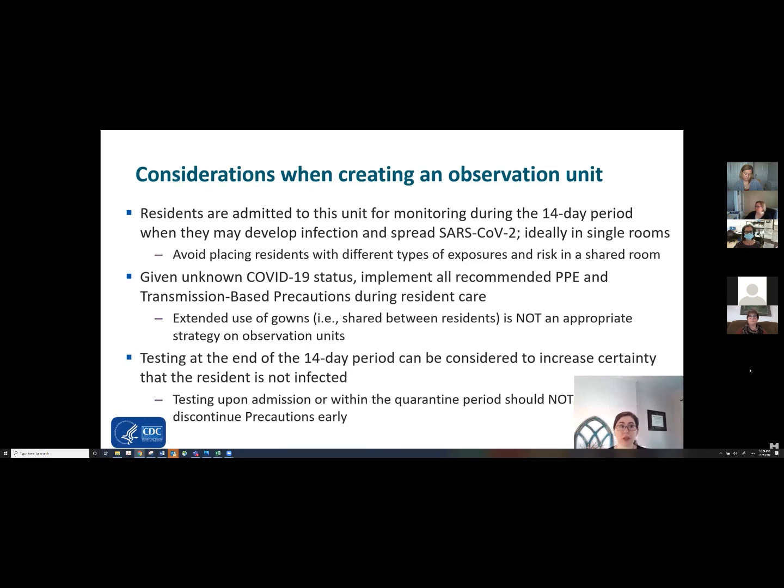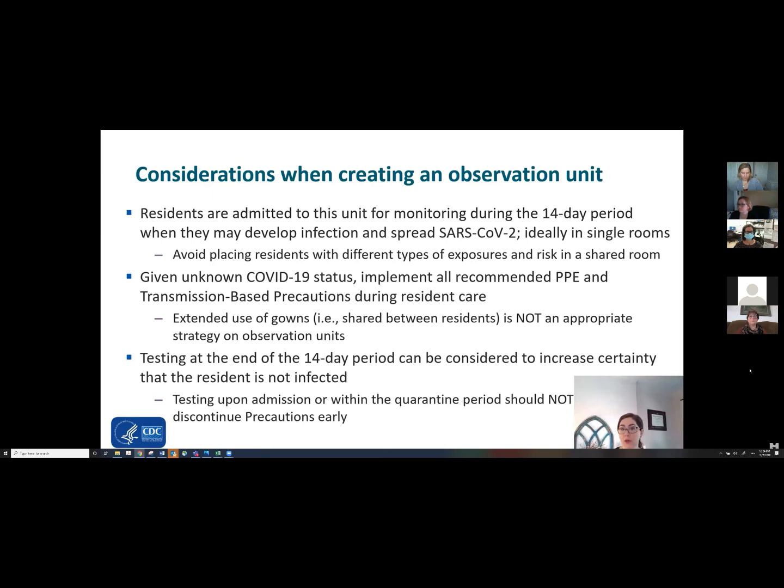If you can avoid that, we'd recommend avoiding it, because you have someone with a close exposure and someone with a possible but uncertain exposure. Now together, it's possible that you could end up with an additional exposure and possibly spread of SARS-CoV-2.